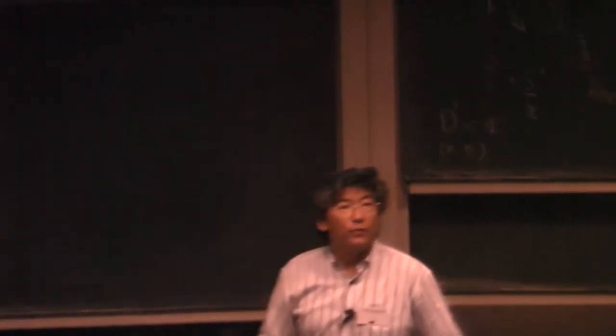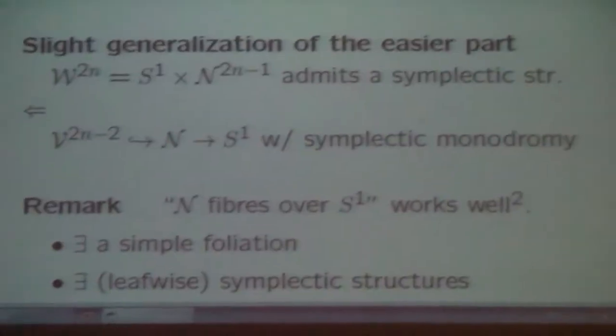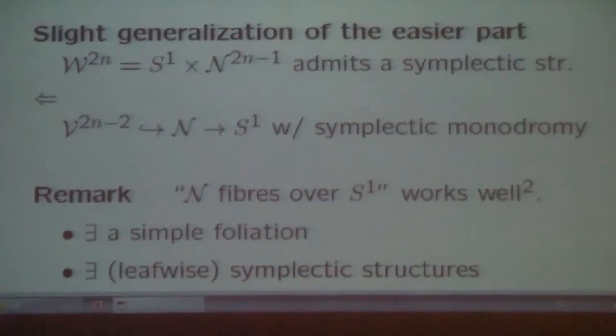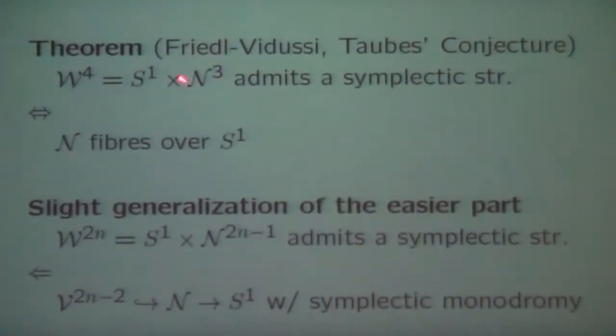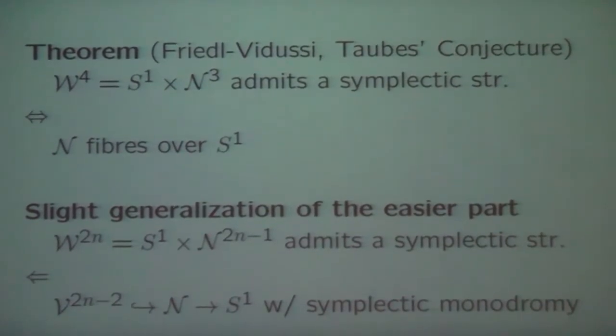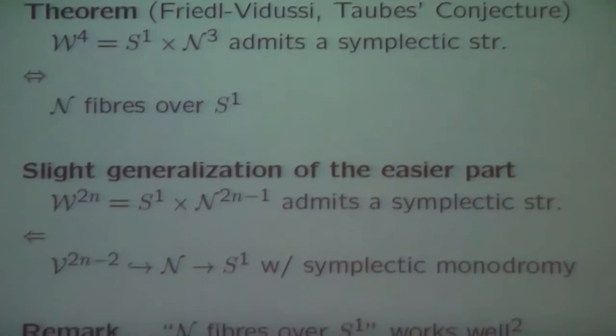If you take a closed four manifold which is a product of the circle and some closed three manifold, such a closed four manifold admits a symplectic structure if and only if that three manifold fibers over the circle. In that case, we can easily construct one symplectic structure.